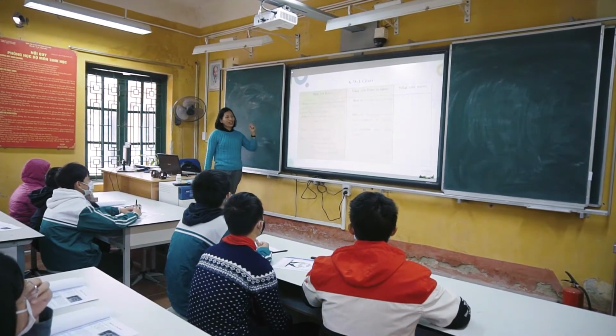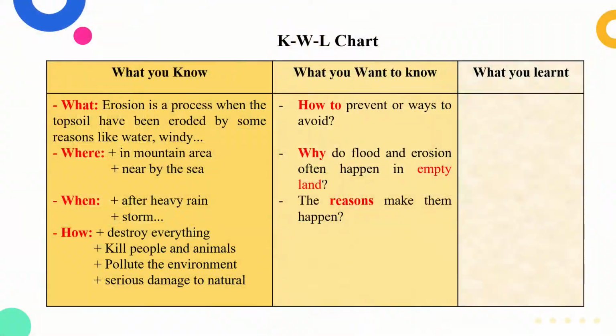Look at the board. This is the KWL chart, which we completed in the previous lesson. And there are a lot of things you know about flood and erosion, for example, how it destroys everything, kills people and animals, and pollutes the environment.